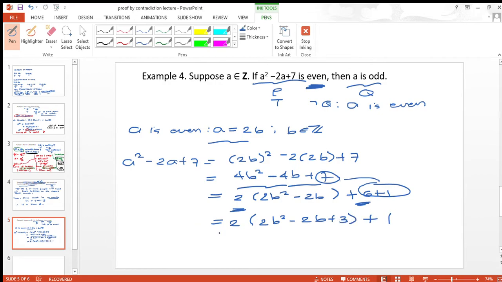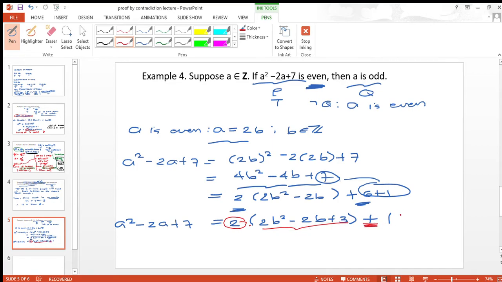I exaggerated that because we can now see the contradiction. Where's the contradiction? We have already expressed A squared minus 2A plus 7 as 2 times 2B squared minus 2B plus 3, which will be an integer because B is an integer, plus 1.